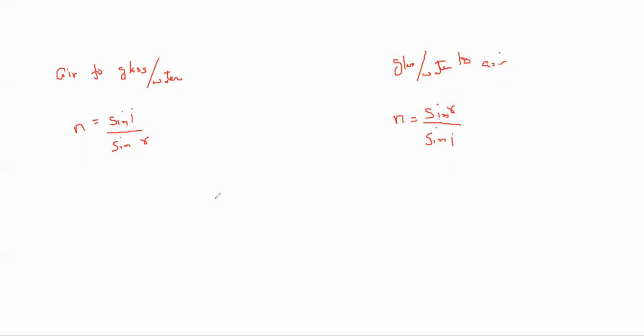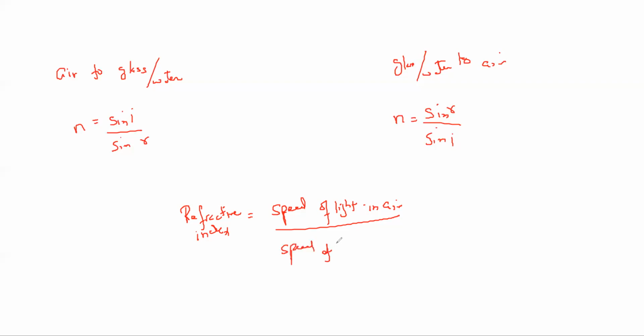Then there is another formula which is independent of the movement, whether it's from air to glass or glass to air. The third formula for refractive index is equal to the speed of light in air divided by the speed of light in a medium.